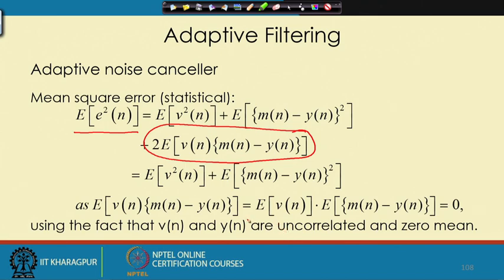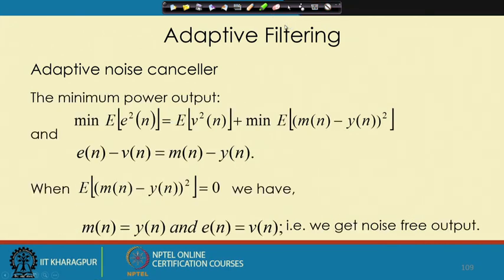With that we can show that the mean square error boils down to two terms: one is the energy of the signal, and the other is the energy of the difference between the noise and the estimated noise. Okay, so that is the expression we get at this point, and let us move forward.